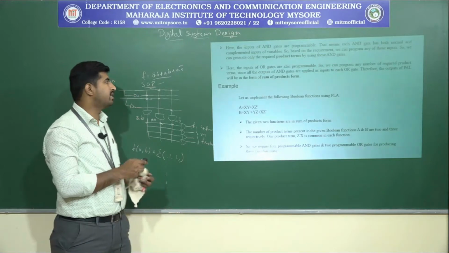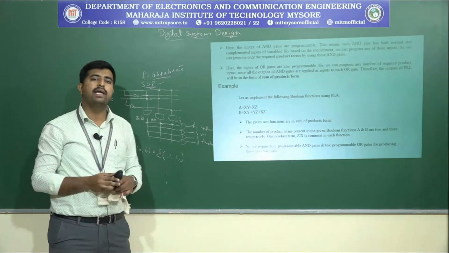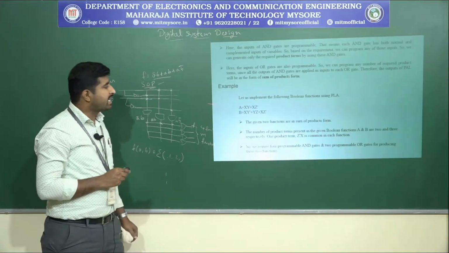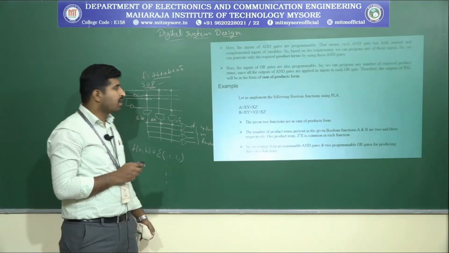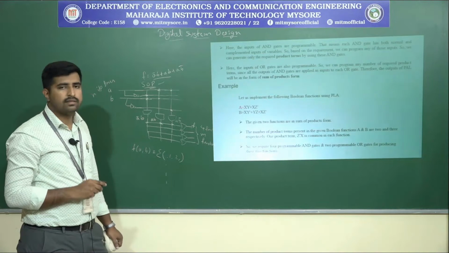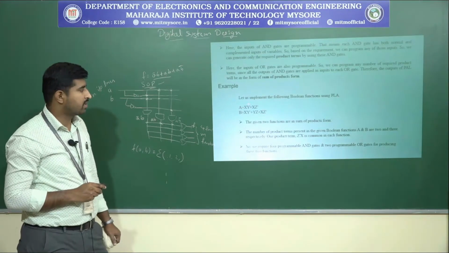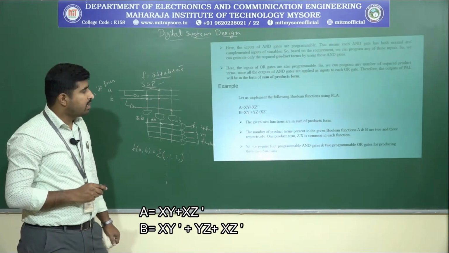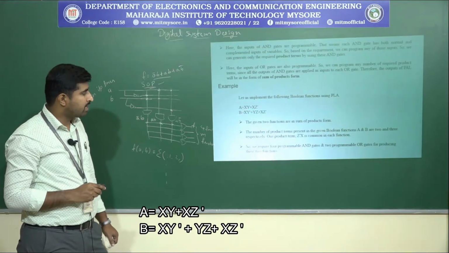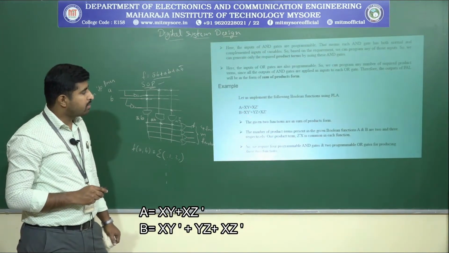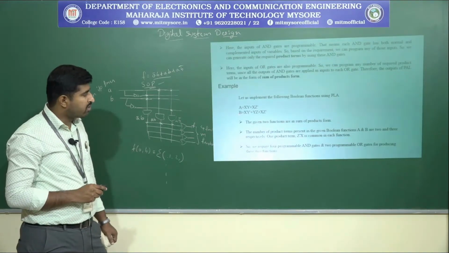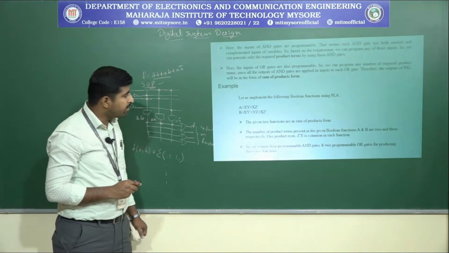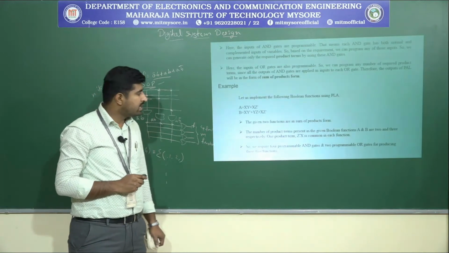So SOP functions can be implemented. Let's take an example to understand in a better way. Assume we want to implement these functions: A equals xy plus xz bar, and B equals xy bar plus yz plus xz bar. Here two output functions are there, and they are 3 variable functions, x, y, z.